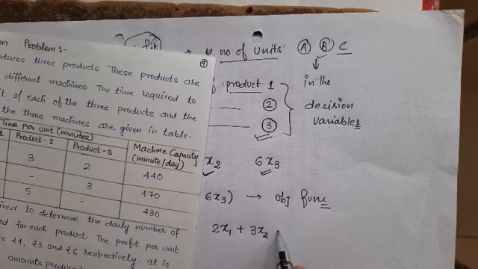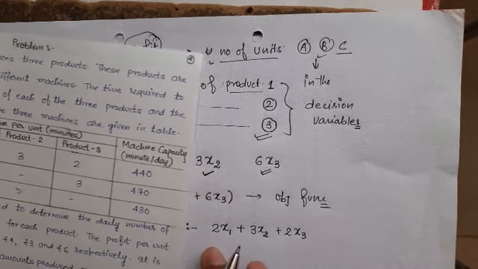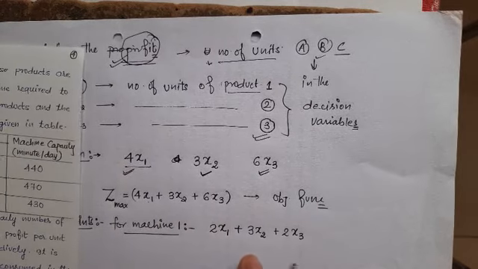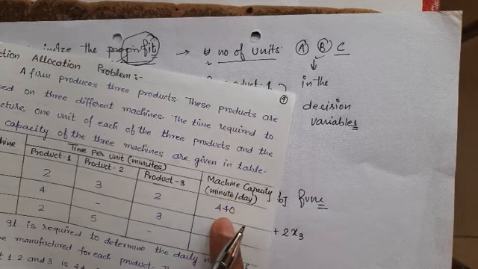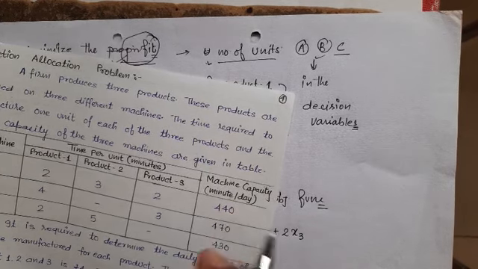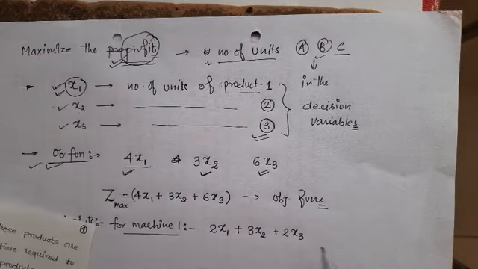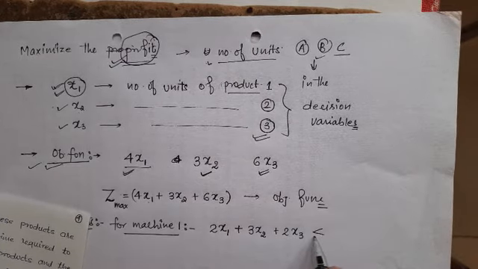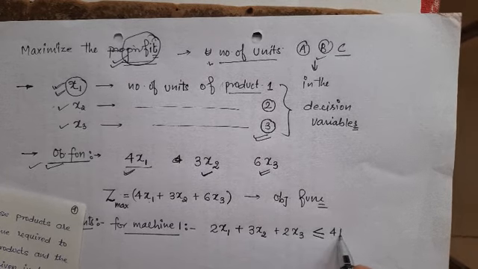For product 3, it is 2 and x3. So this is the total machining time, and this time can be at maximum 440. You can fully utilize this machine or partially, so this value will always be less than or equal to 440.